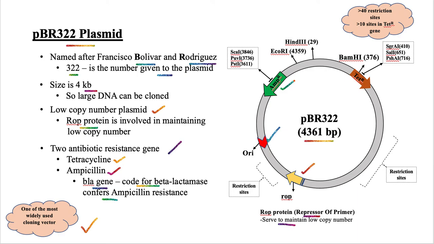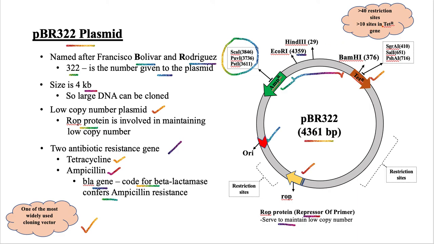And then we have two antibiotic resistance genes: one is the ampicillin resistance gene, and the other is the tetracycline resistance gene. The ampicillin resistance gene is known as the bla gene, which codes for beta-lactamase. You can see that in this region there are restriction enzyme sites, like BamHI, HindIII, and PstI, and the position from where these sites start is mentioned in front.